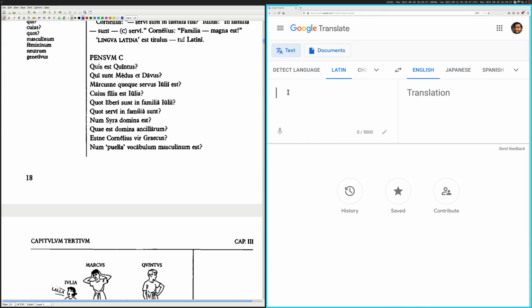Okay, it means is there, or something like that. How many girls... Oh, is it saying is girl a masculine word? No, it's feminine.